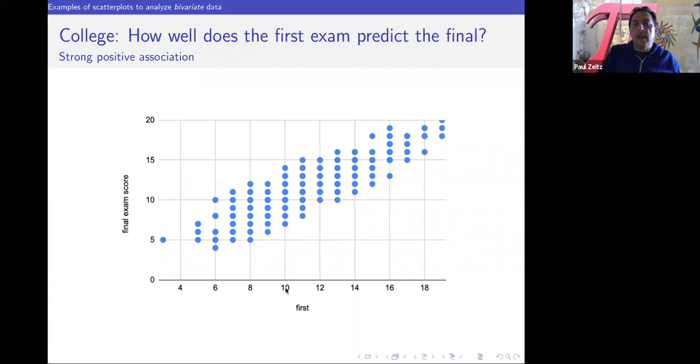But all of the students who aced the first midterm did better than the best student who failed that first midterm. And if somebody really failed the first midterm, like got 5 out of 20 points, then the maximum score they're getting is less than 50% on the final. And the students that got nearly perfect scores on the midterm, pretty much they didn't disappoint on the final.